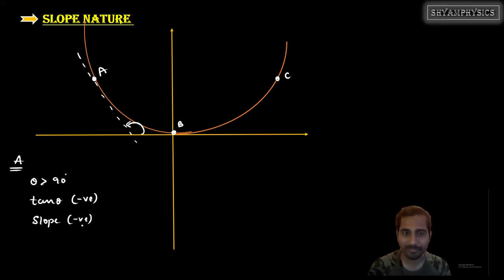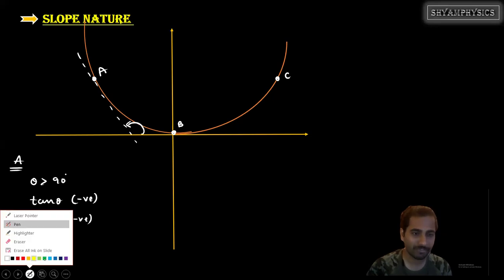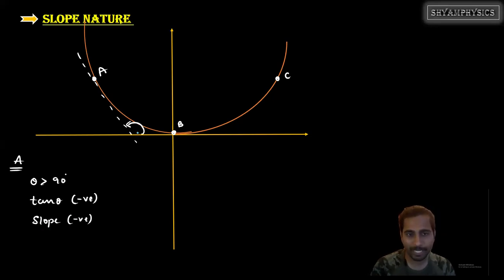Next, coming to point B. At point B, this blue color line that I drew here is the slope. What is the angle of the slope at B? At B, theta is equal to 0.